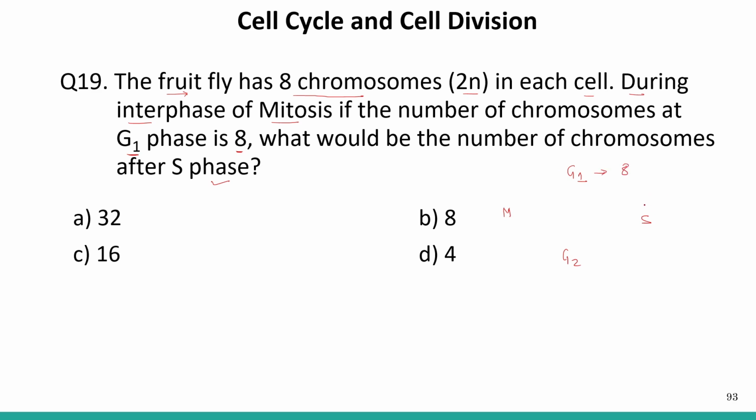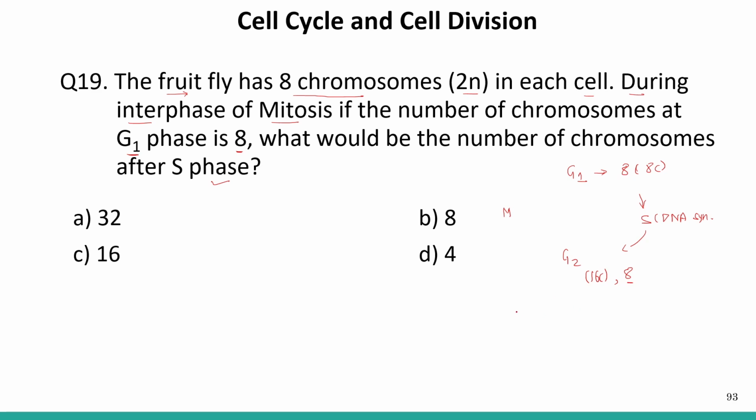What happens when the cell enters the S phase? There is DNA synthesis or DNA replication. If the DNA content was, suppose, 8C, after the S phase DNA content will double. It will be 16C. But the chromosome number remains the same, meaning it will contain 8 chromosomes only.